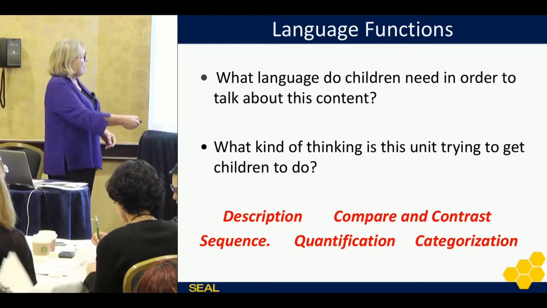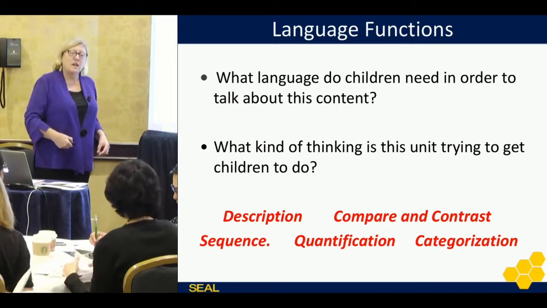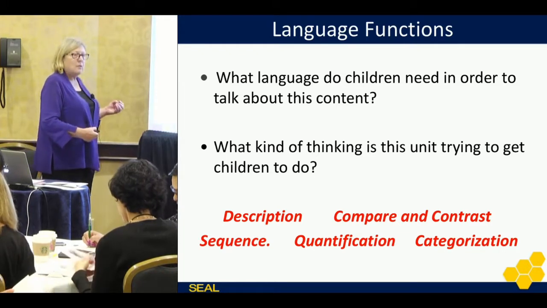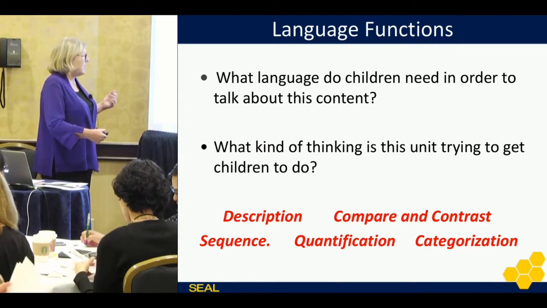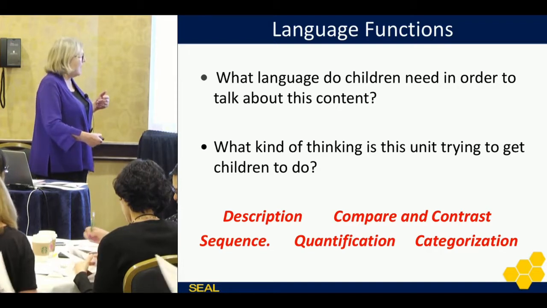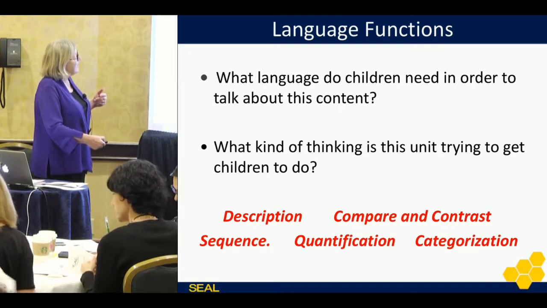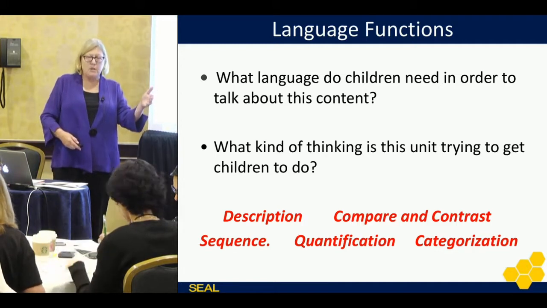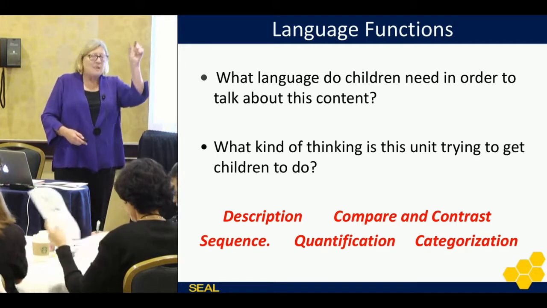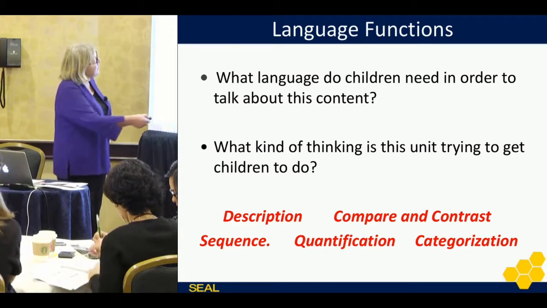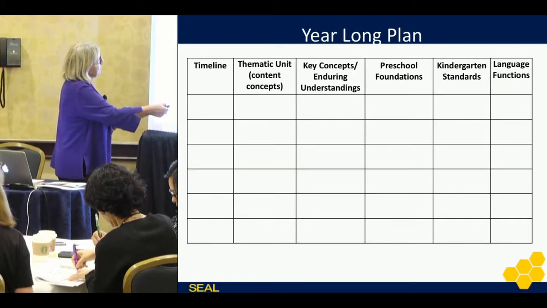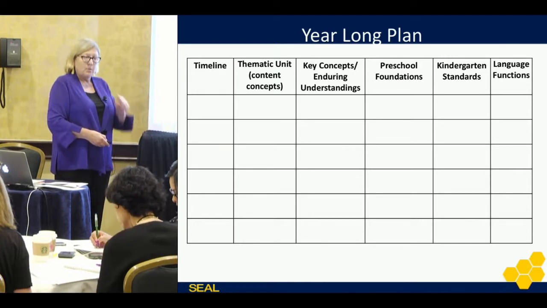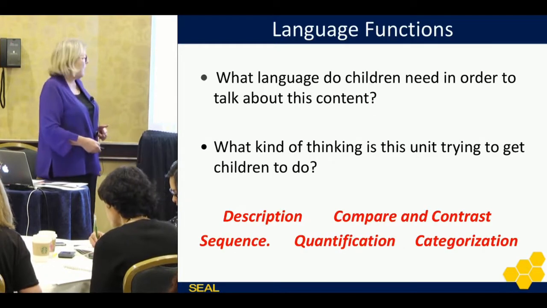But these are the key language and cognitive functions for 4-year-olds: description, and really being able to describe things, comparing and contrasting, sequence and time, quantification and categorization. So you have to figure out, looking at the preschool foundations and thinking about your topic, what is the major language function for this theme? Across the year, you're going to want to hit all of the language functions, but right now you're only going to have to work on one for this theme.